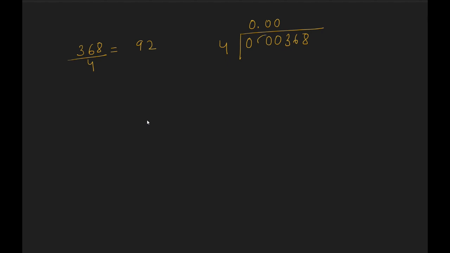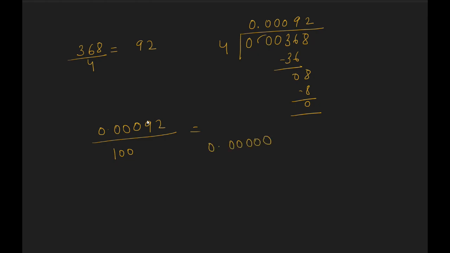So 4 nines are 36, 4 twos are 8. So you get 0.00092, divided by 100, it was 400. So this is the second method by which you can do the question. It depends on you which method you choose.